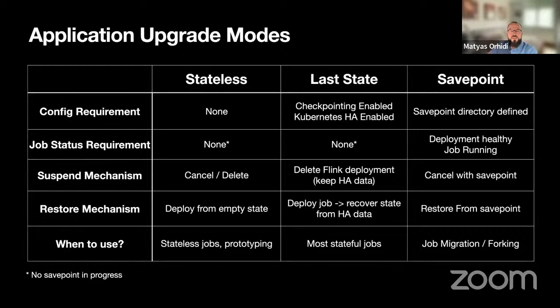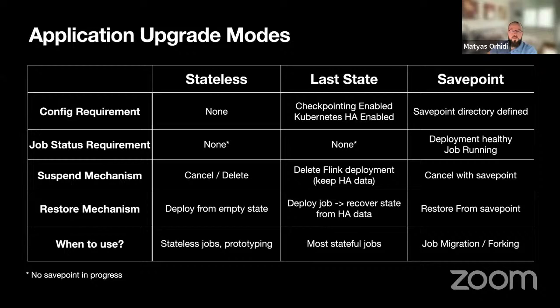The last state is the most sophisticated upgrade mode. It requires checkpointing to be enabled, and also the Flink native integration HA should be enabled. The operator is using the Flink native integration under the hood, so everything that applies there with respect to the configuration can be reused with the operator too.